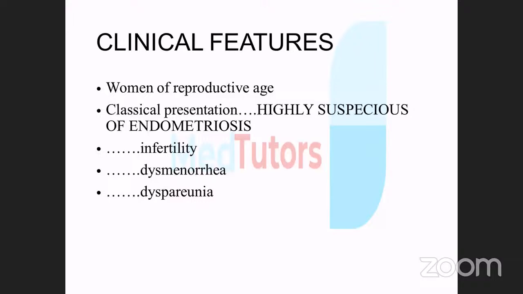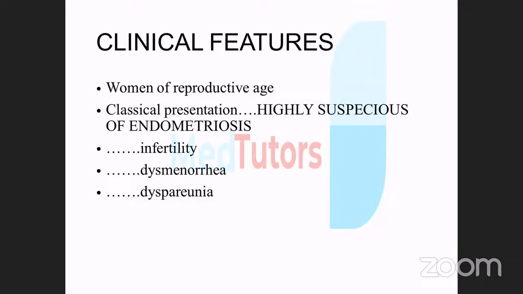What are the clinical features? Now, the diagnosis of endometriosis requires a high index of suspicion. Because if there's no suspicion of endometriosis, your woman may be coming to hospital with her complaints for more than 10 years before the diagnosis will be made.